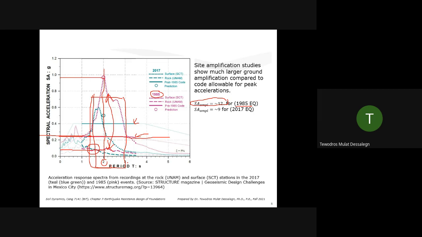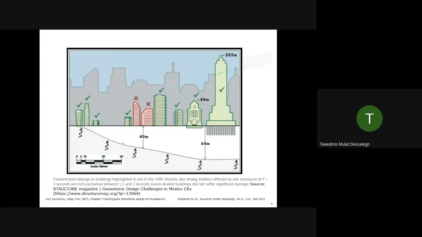So the buildings in Mexico City, they were those buildings. I mean, building frequency is complicated. You cannot really see the height of a building and know what the fundamental period is. It depends on the framing. If you have larger sections for beams, columns and shear walls, it may affect it.